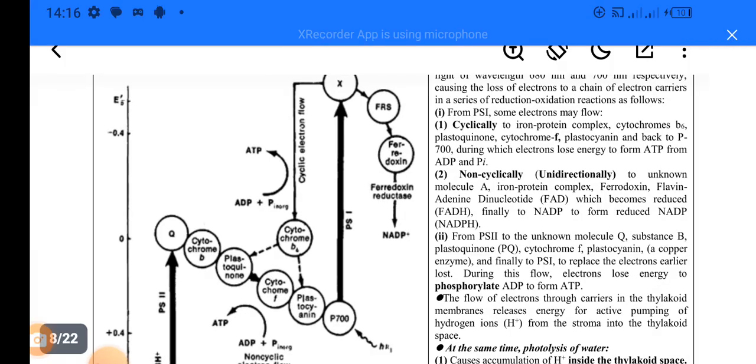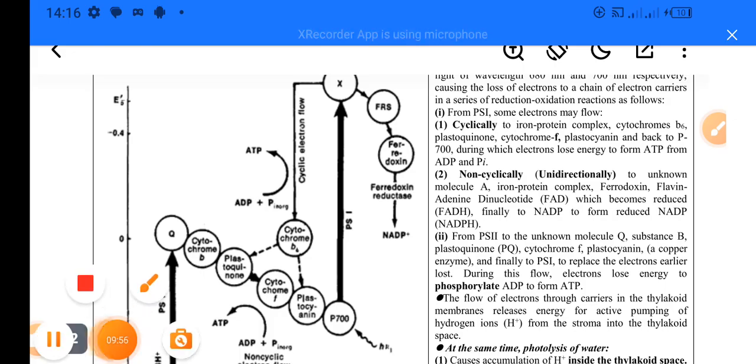Then to flavin adenine dinucleotide, the FAD, which becomes reduced to FADH, and finally to NADP, to form the reduced NADP, the NADPH.